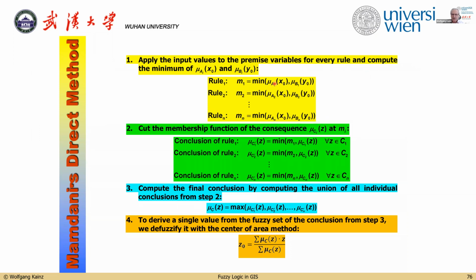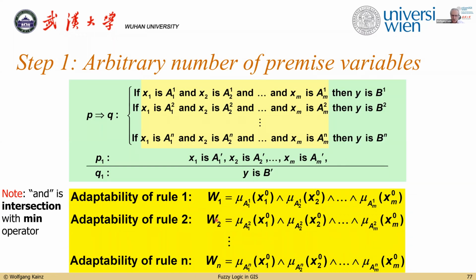Actually, what we did here is we computed the intersection of these 2 premise fuzzy sets for the given data. And this intersection was computed using the minimum operator. So we use the minimum operator here in step number 1, which gives us all those minima.